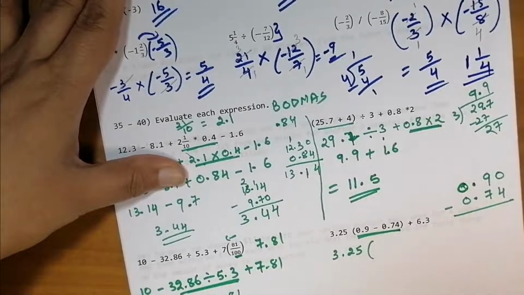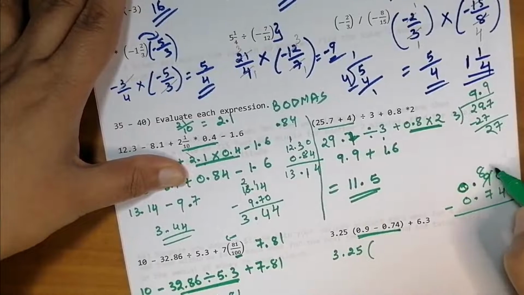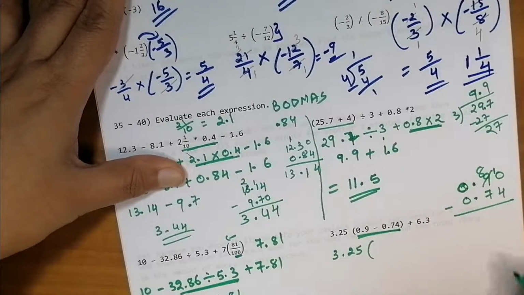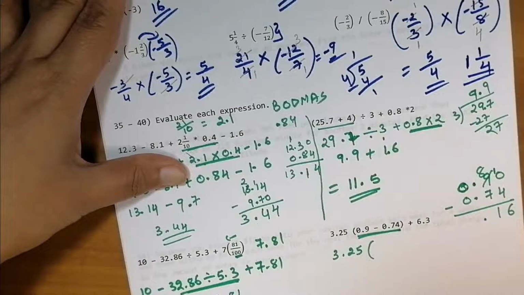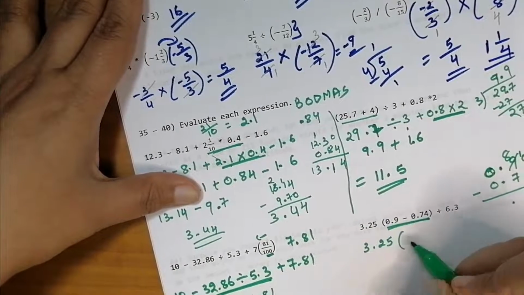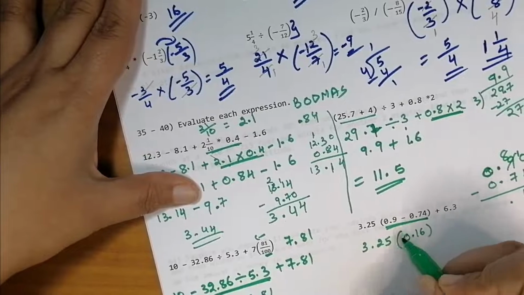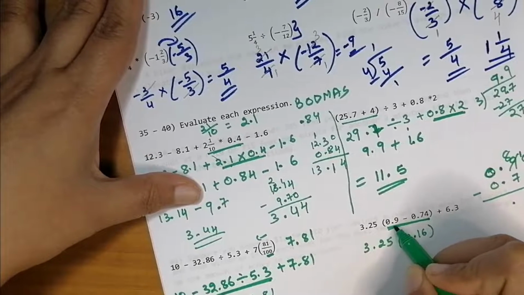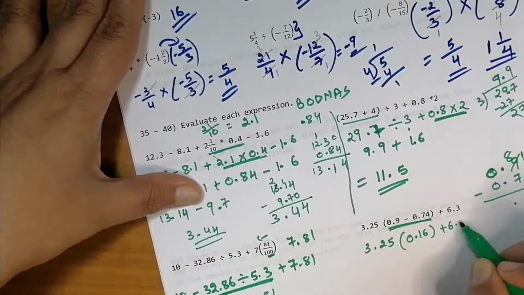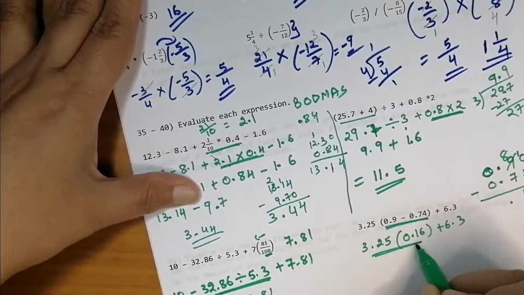So this is what we are supposed to do. This is 8, 10, right? This is 6, and this is 1. So this is 0.16, right? Am I going right? 0.16 on the positive side, right? Because the larger number is positive. Plus 6.3. Now you got to multiply this.